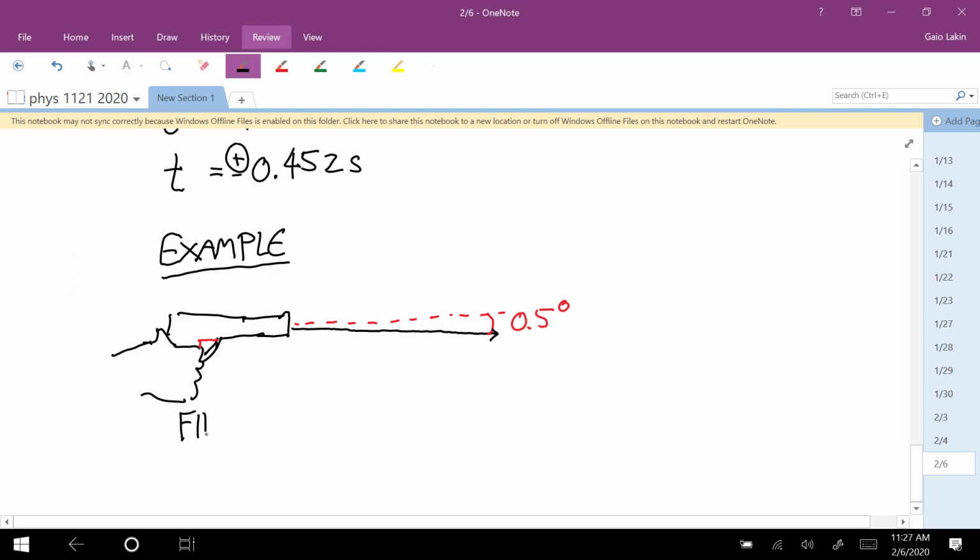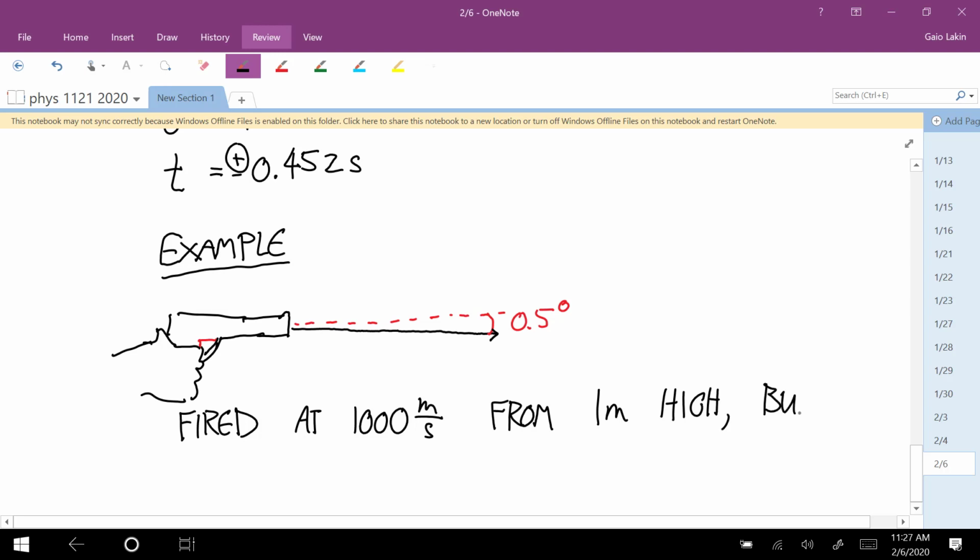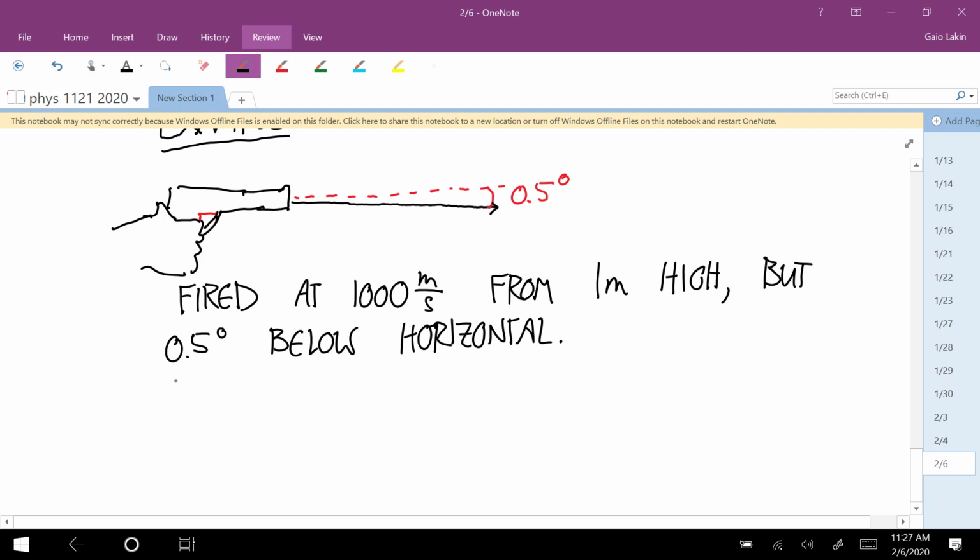So it's still fired at 1,000 meters per second from 1 meter high. But this time it's 0.5 degrees below the horizontal. How long does it take to hit the ground?